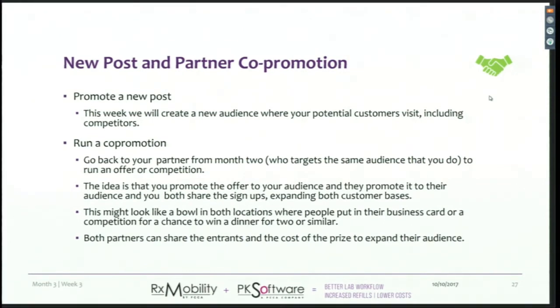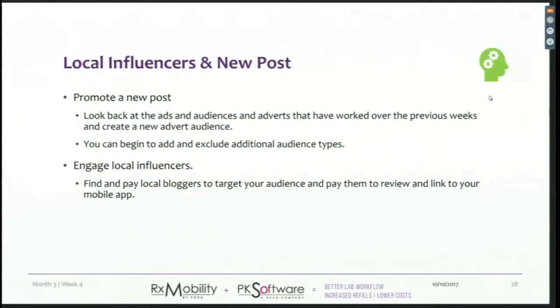You could have a fishbowl in both locations to grab people's business cards, or a competition for a chance to win a dinner for 2 or something similar. And then you can share the entries together. You can share the content or the email addresses together, and share the cost of the campaign together. So it's something worth considering.